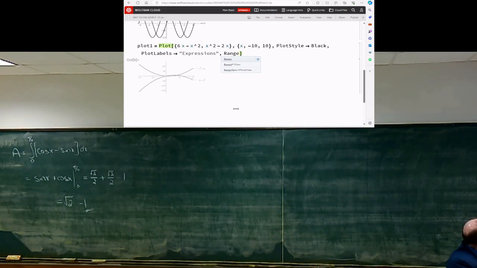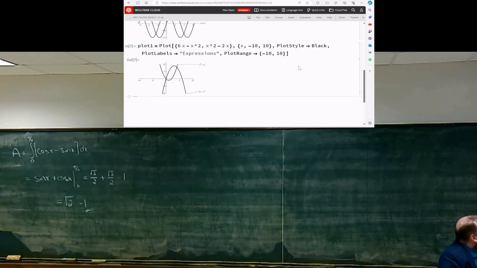Right, range. Why is it coming up red? Uh-oh. They changed something on me. Oh, never mind. Plot range is what I want. So plot range, and then I can set that to whatever I want. So again, standard viewing window, minus 10 to 10. Much better.